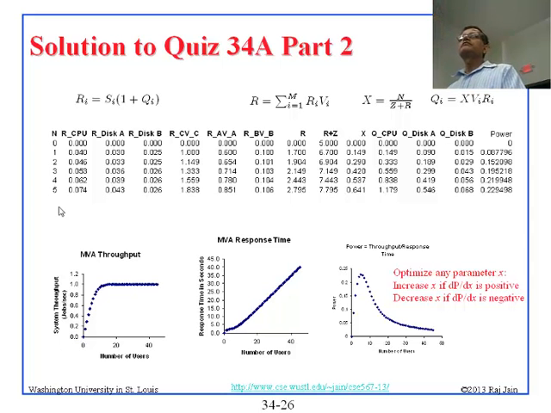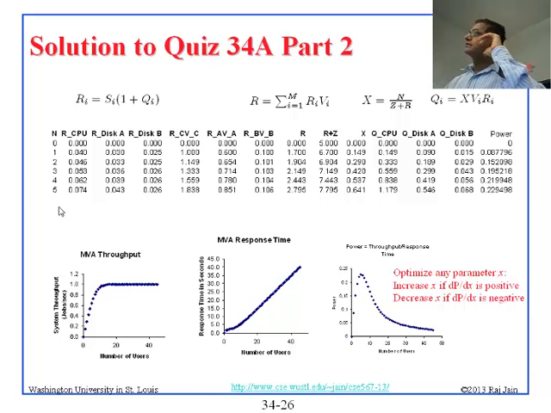Still the first row? Okay. Are you done with the first row? N equal to 1. Are you done with N equal to 1? Okay, N equal to 0 is easy. N equal to 0 is easy, right? Everybody did N equal to 0. That's easy. N equal to 1 is what we need.